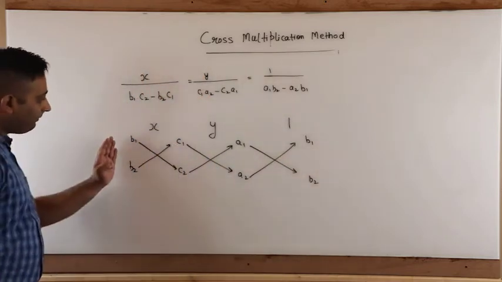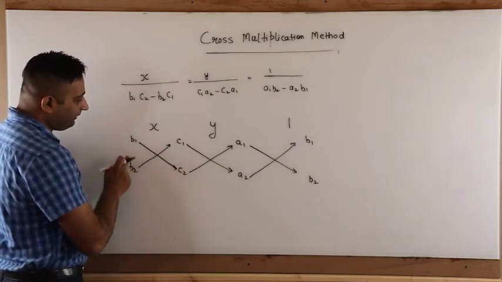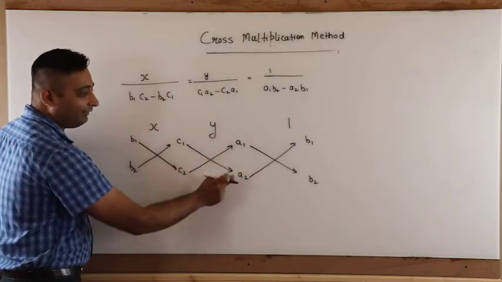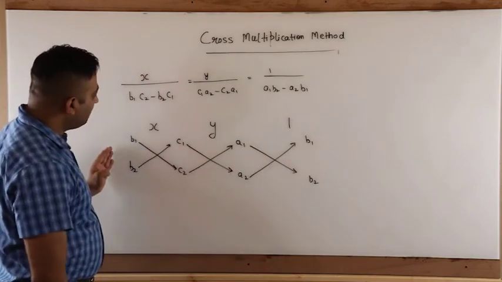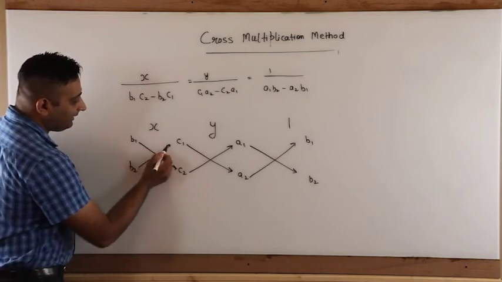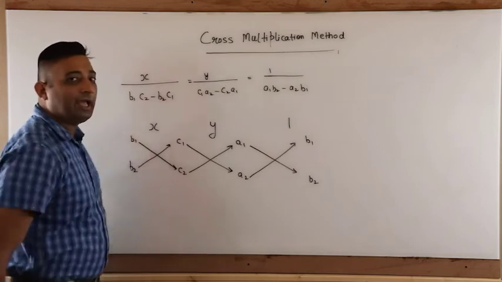So you just have to remember the order in a cyclic manner, that first we have B1 B2, then C1 C2, then A1 A2, and then B1 B2. And just remember that this cross multiplication and subtraction is represented by these two arrows.